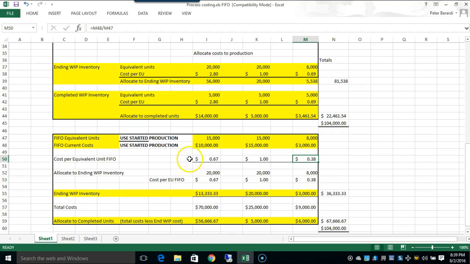Next step, just like in weighted average, allocate cost to production. We're going to allocate it to ending WIP first. How do we do that? The cost per equivalent we know is 67 cents.